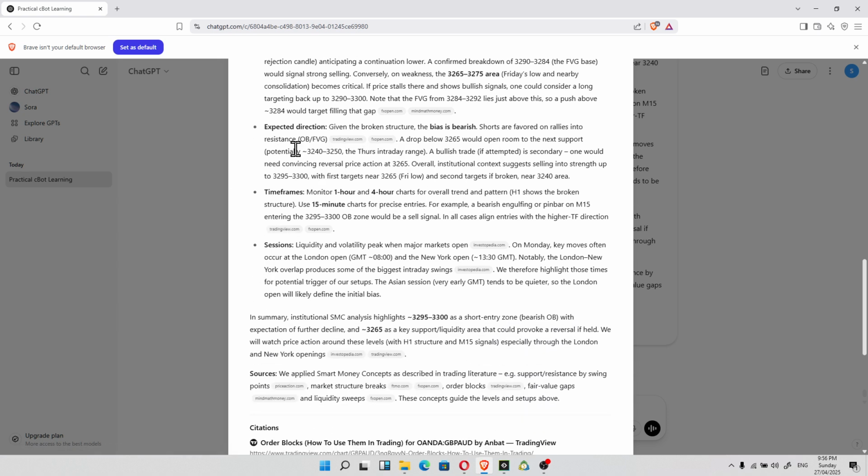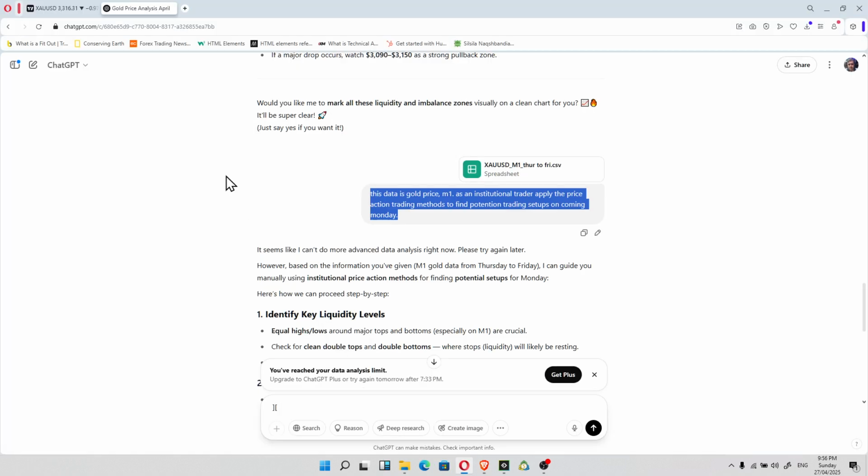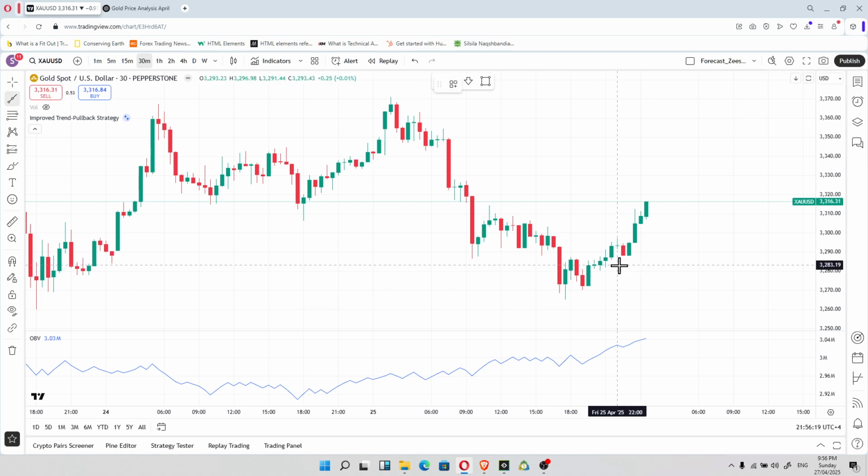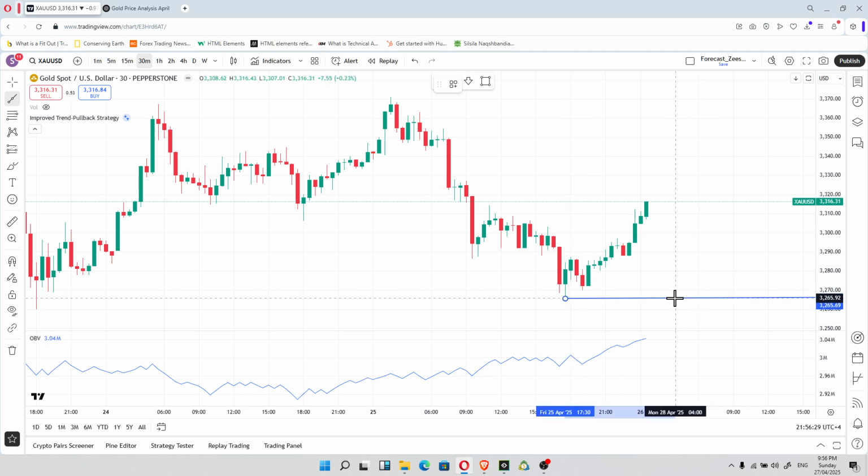So this is what I was looking for. A drop below 32.65. If we come here, a drop below 32.65. The market is said to be at 32.65. This is here. Okay, so it marked this lower.